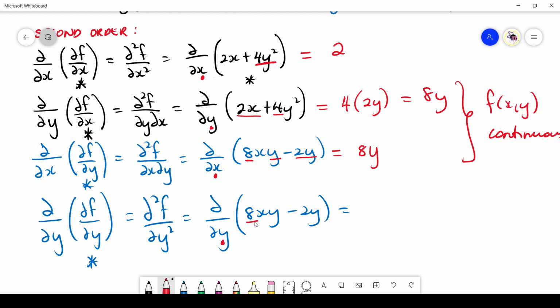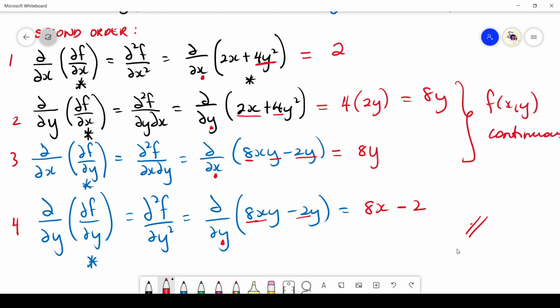So 8 is a constant, x is a constant, 2 is a constant. And if we're differentiating with respect to y, that first term, 8x gets pulled out because that's a coefficient of y. And then the second term, if we're differentiating with respect to y, is simply negative 2. And that's it. Those are the 4 second order, 1, 2, 3, 4 possible types of second order differentials that can possibly come.